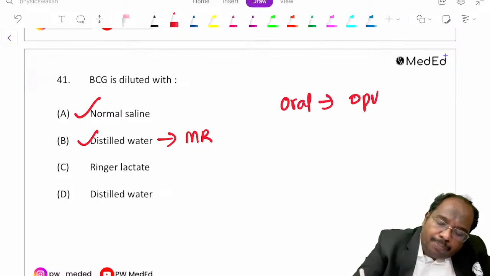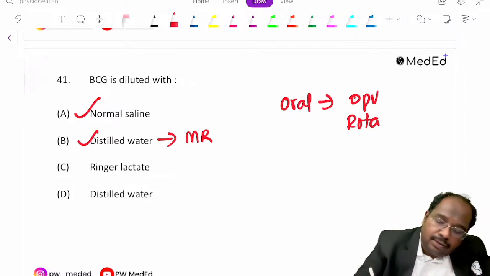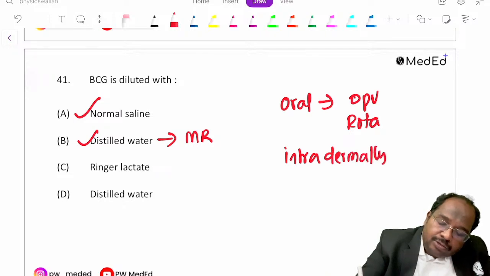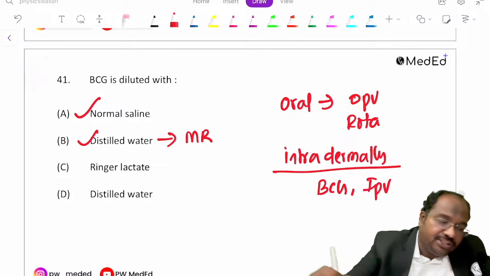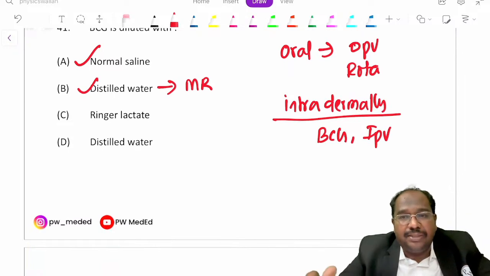Orally, we give OPV and rotavirus. Intradermally we give BCG and IPV, the injectable polio vaccine.